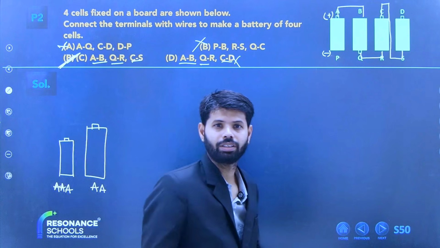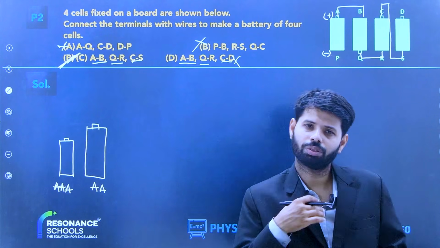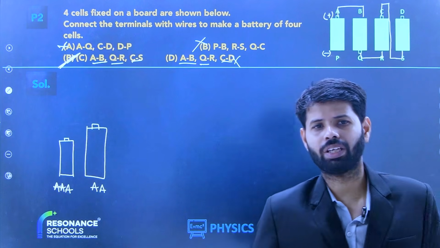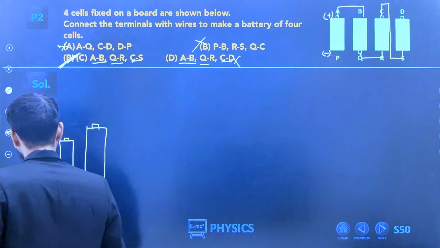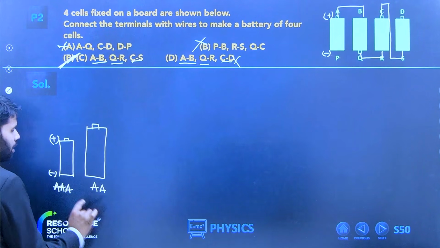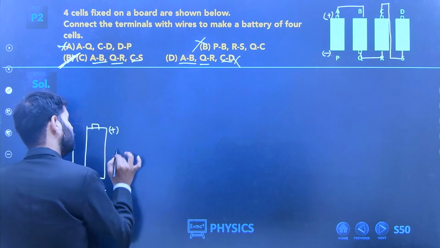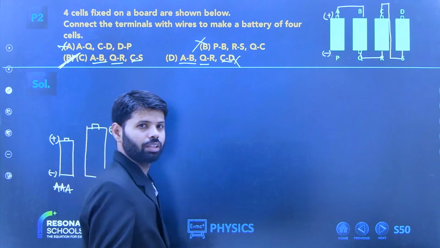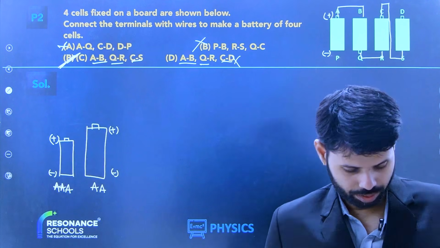There are different types of remotes, so different types of cells are also used, like double A or triple A. Now see, there are signs given on the cell itself. This one is positive and this one is negative. Do you guys agree?